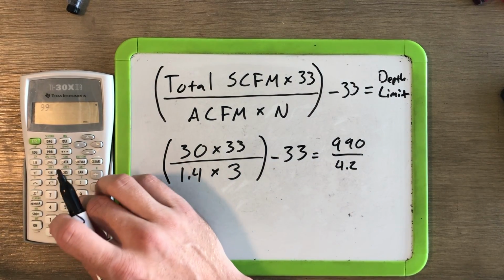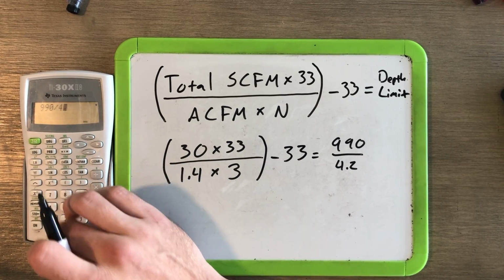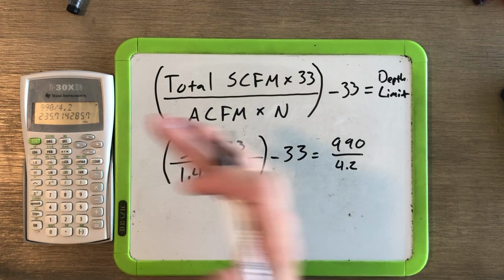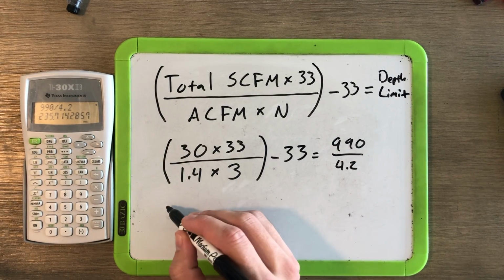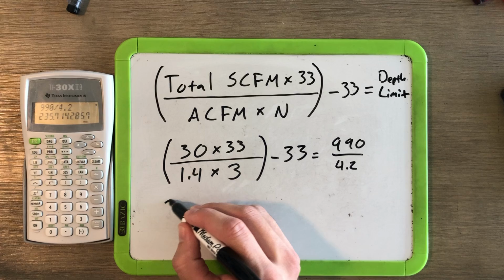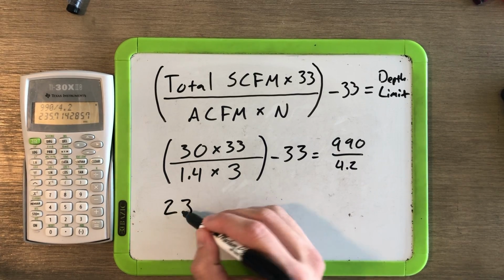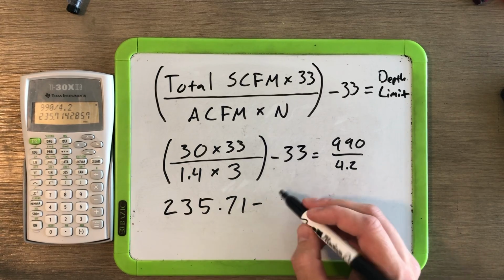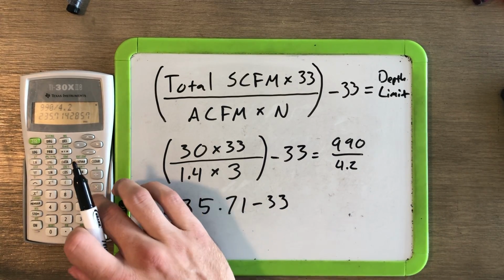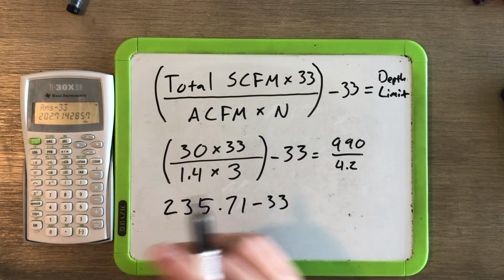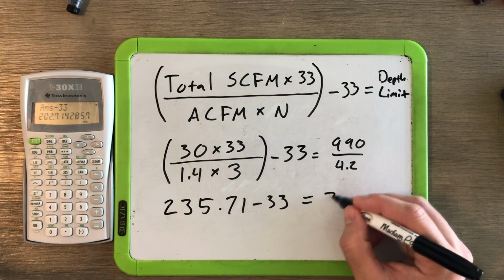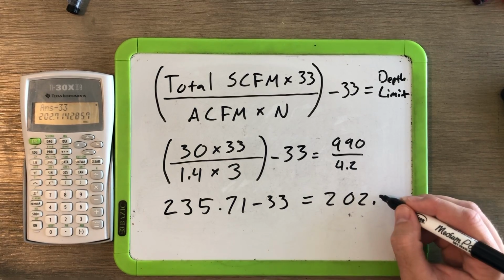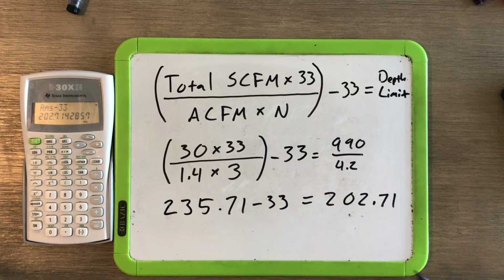So 990 divided by 4.2 is equal to about 235-ish. So we'll just write it like it is, 235.71 minus 33. So we're going to subtract 33 from that, equals 202.71 feet is going to be our depth limit.